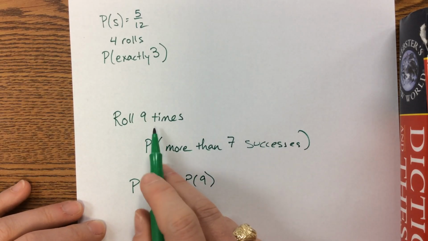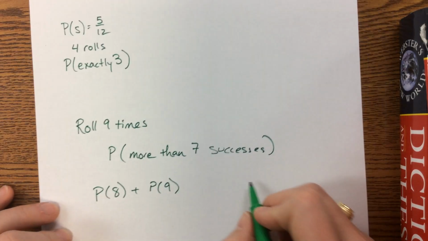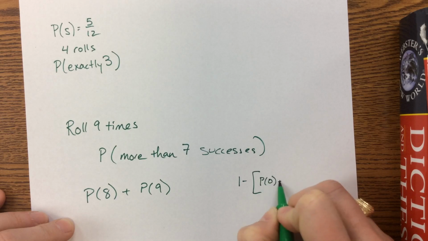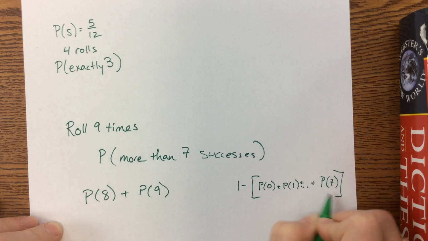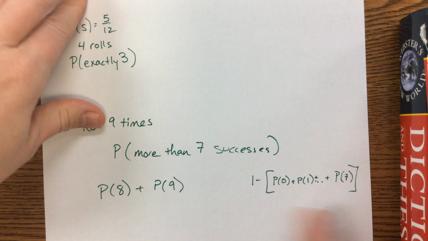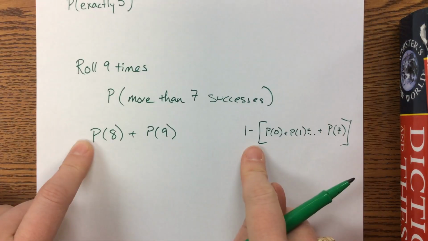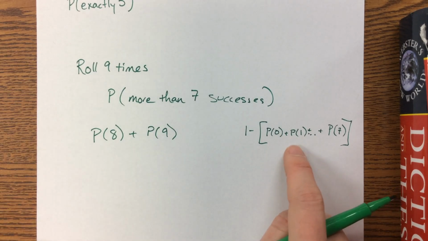If we're rolling it 9 times, we need to have 8 successes plus 9 successes. Or you could say 1 minus, and then we could add them all up: the probability of 0 plus the probability of 1, all the way out, keep adding to the probability of 7. Sometimes if we're doing it manually, we want to decide which of these would be easier to do. On this one, adding 2 things is a whole lot easier than subtracting.